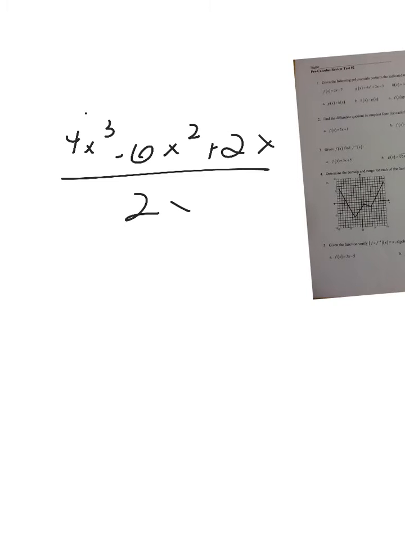All right, so 1D is to divide h of x and j of x. So h of x is 4x cubed minus 6x squared plus 2x, and we're dividing by 2x. So make sure you divide everything by 2x.